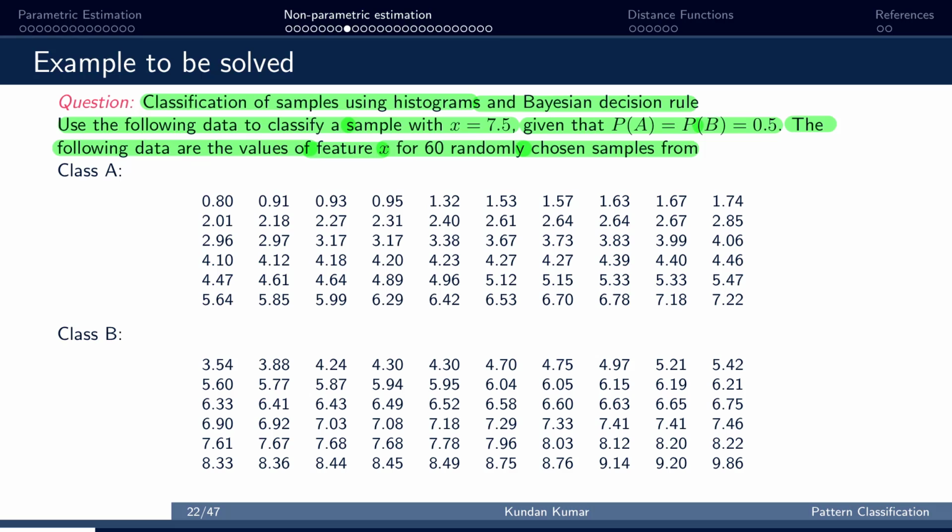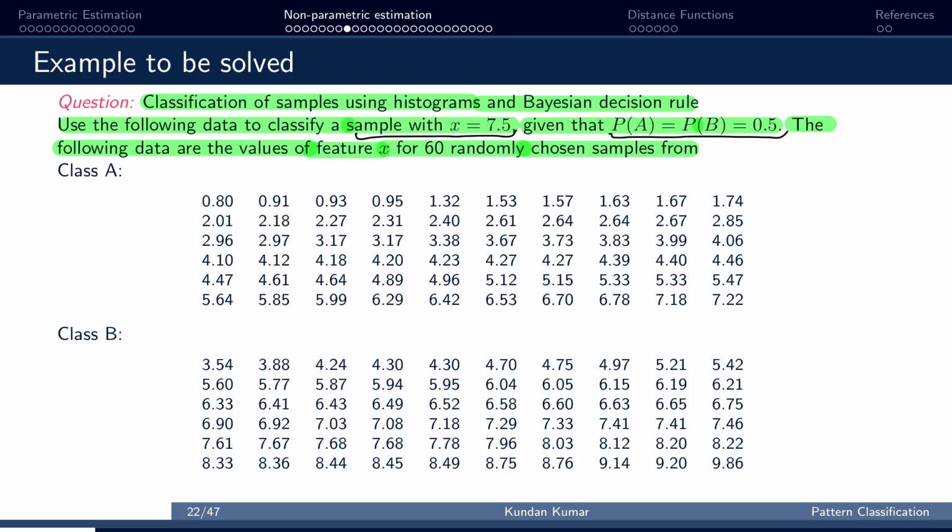Here we have to take the decision about this data sample, which is x equal to 7.5. We have to decide whether x equal to 7.5 belongs to class A or class B, where we are given the prior probabilities but we don't have the class conditional probability.